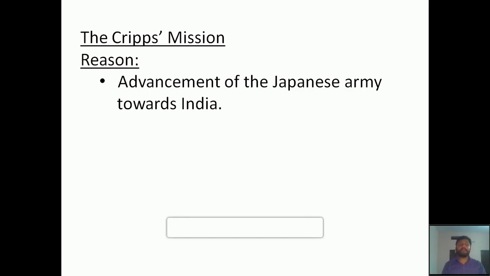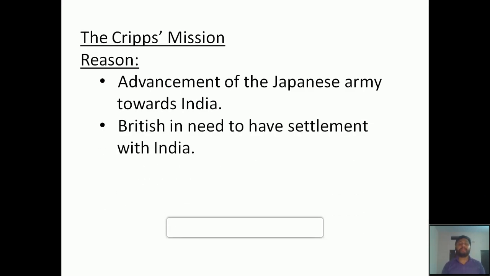As a result, the British were forced to break the deadlock between Britain and India, that is, they were forced to go for some kind of compromise with the people of India, because the Japanese army started to move towards India, and the British knew very well that if Indians were not cooperating with them, it would become a very bad condition.